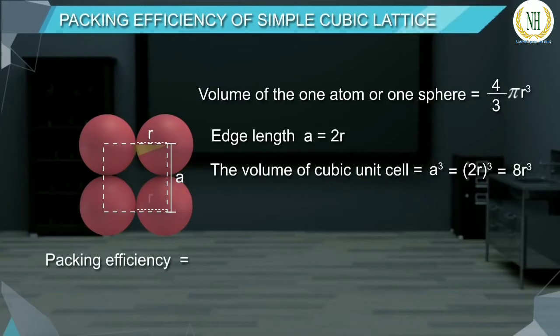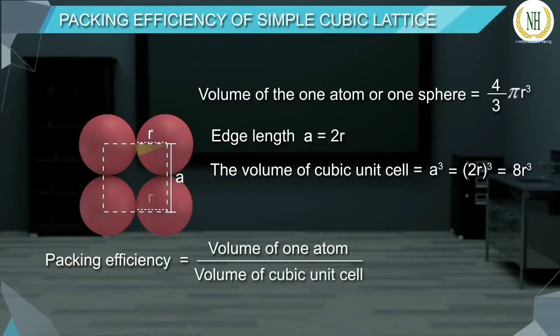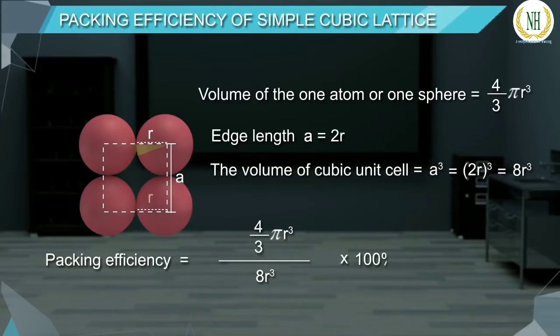Percentage of the space occupied by spheres, or packing efficiency, is equal to volume of one atom divided by volume of cubic unit cell times 100%. Packing efficiency is equal to 4/3 πr³ divided by 8r³ times 100, which is equal to π/6 times 100.